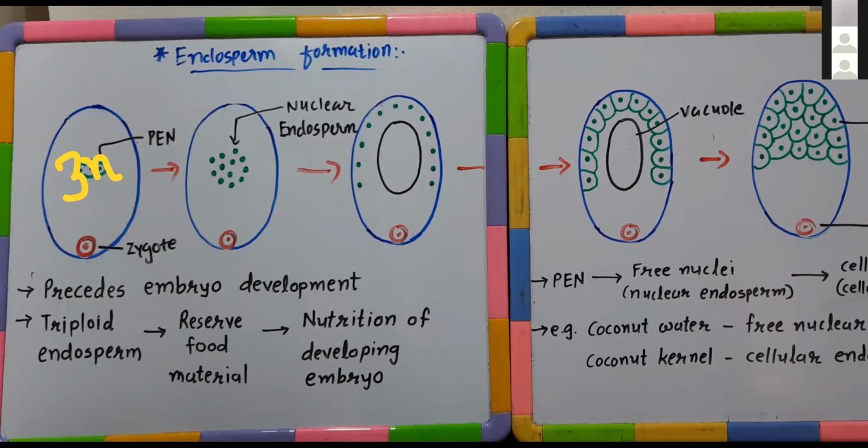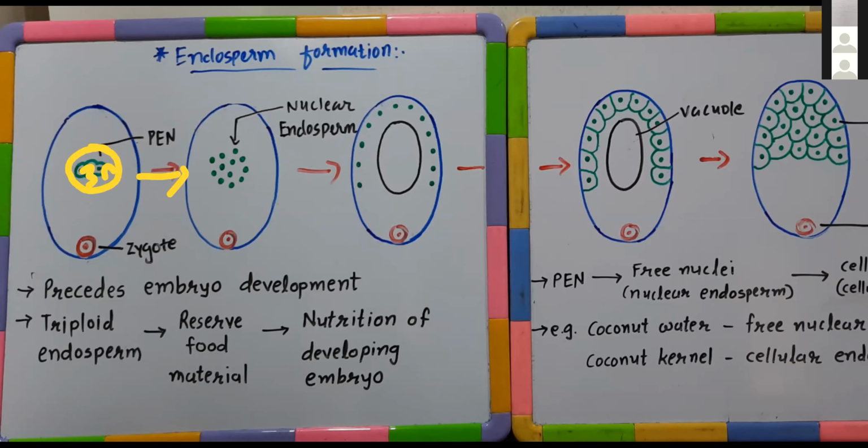Coming back to that, the most common type of endosperm formation in angiosperms, called nuclear endosperm formation, is the one in which the primary endosperm nucleus, this triploid nucleus, undergoes repetitive nuclear divisions.